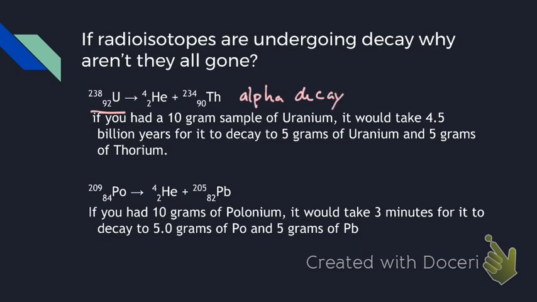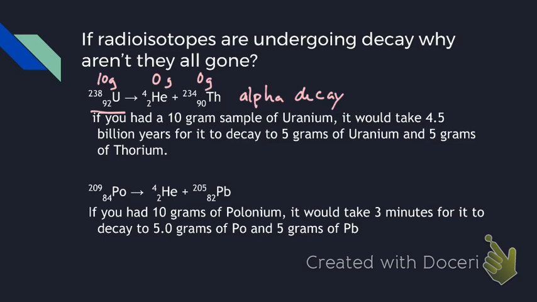And what you have to understand is this occurs at a really slow rate. So if we start with 10 grams of uranium, over time this will decay. Currently, if we start at the beginning, there are 0 grams of this and 0 grams of this, right?